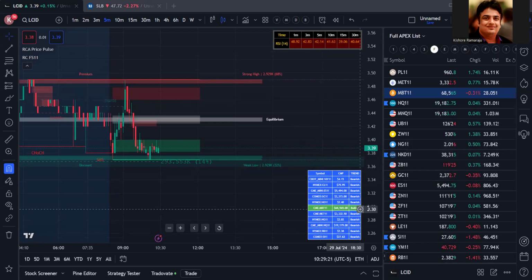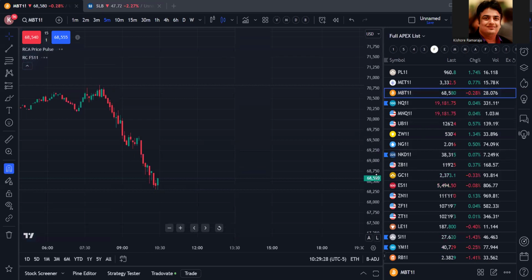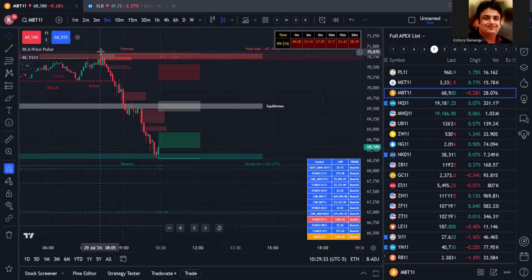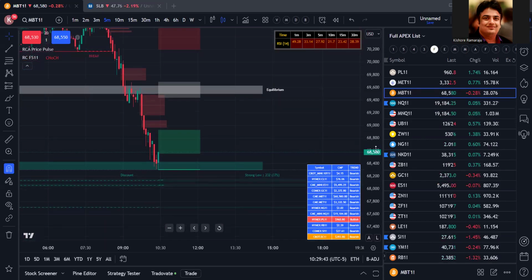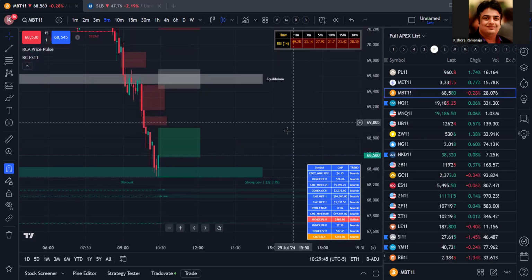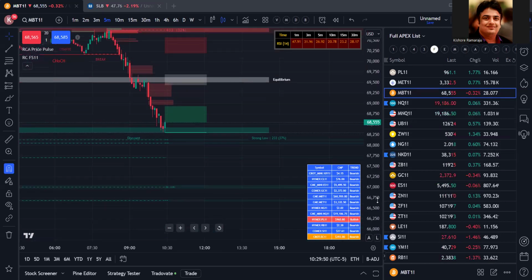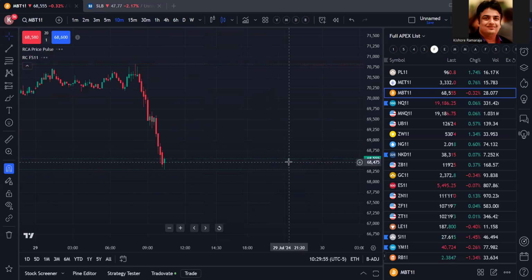Bitcoin is also moving up again, right, 68,575. From 71,000 it came to the bottom and touched the discount area. But we don't see a huge buy order block. When you don't see it in 5 minutes, check if you can see anything in 10 minutes.